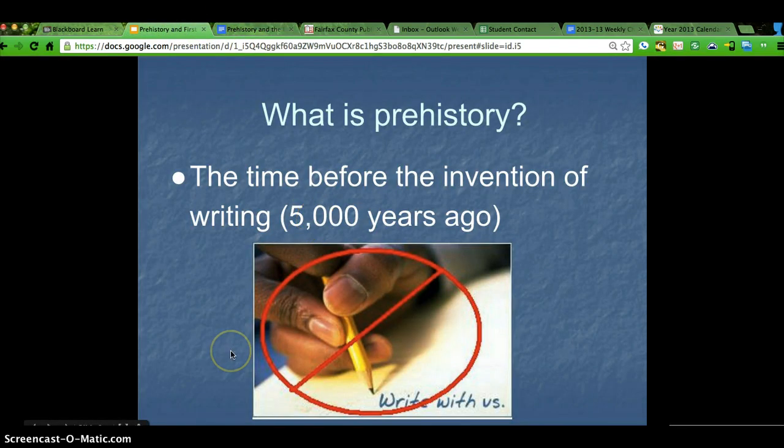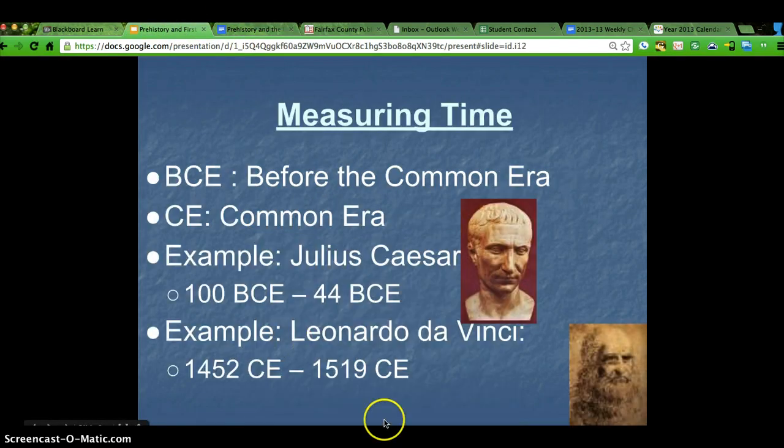Now, the next part: how do we measure time? We have BCE, which is before zero, and we're in the 2013th year of the Common Era.